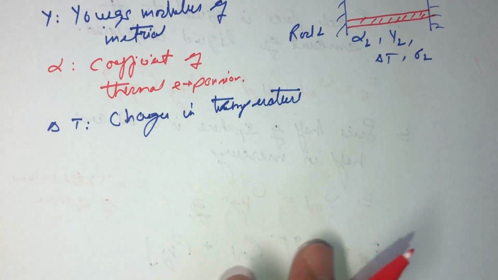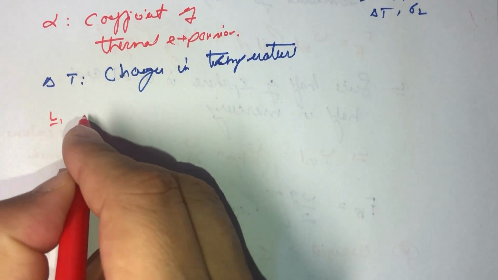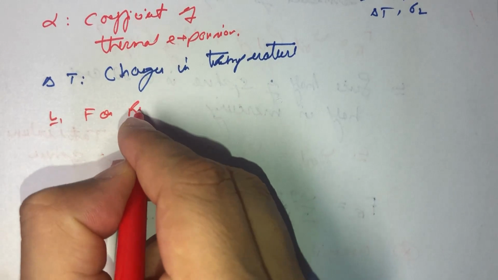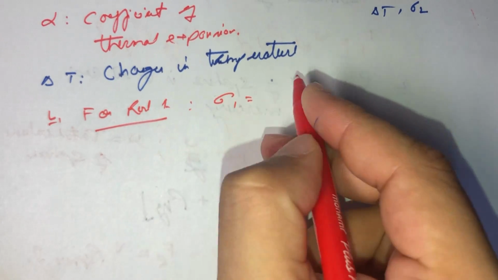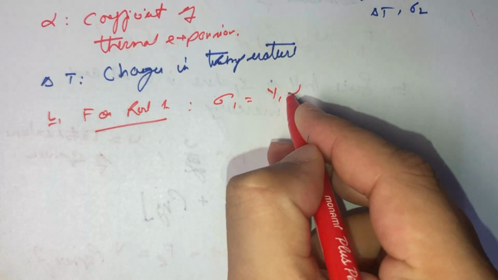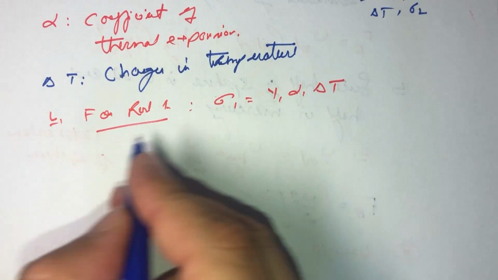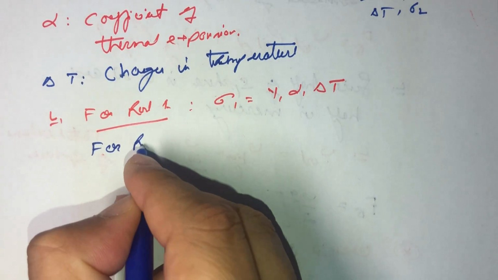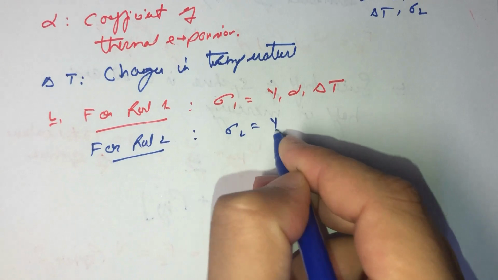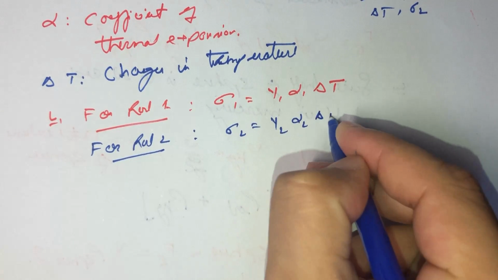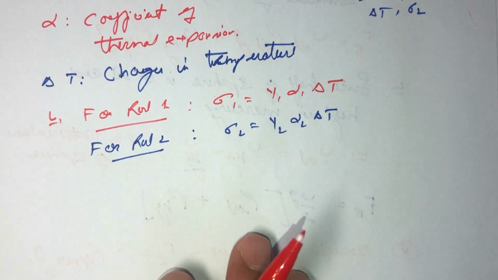So we have two rods, so accordingly we divide the formula into two parts. We can say that for rod 1, sigma 1 will be equal to y1, alpha 1 and delta T, because delta T is said to be same. And for rod 2, sigma 2 is equal to y2, alpha 2 and delta T, and it is given that thermal stress developed in the rods are equal.